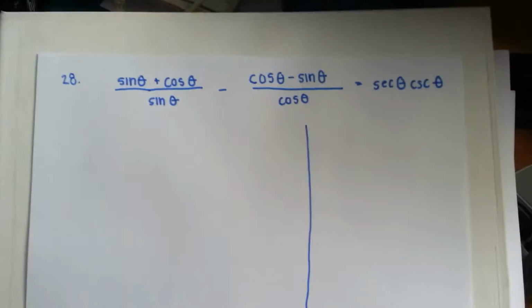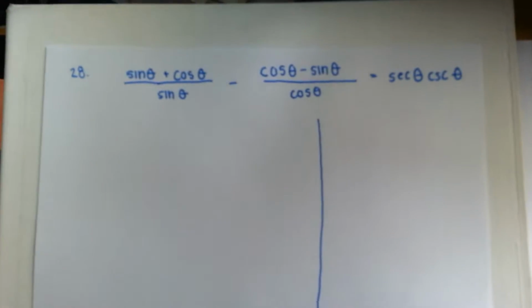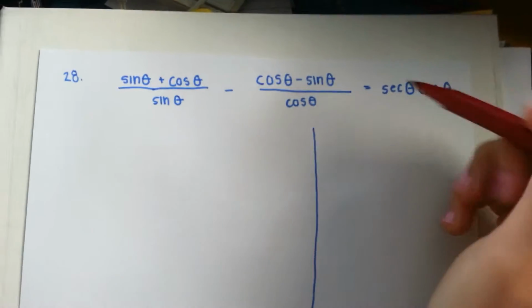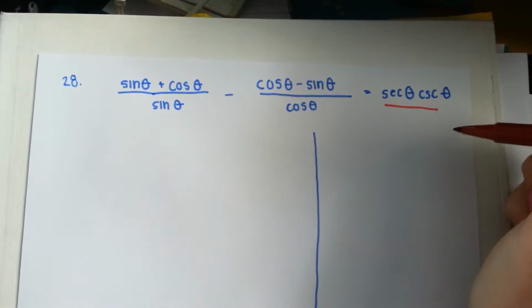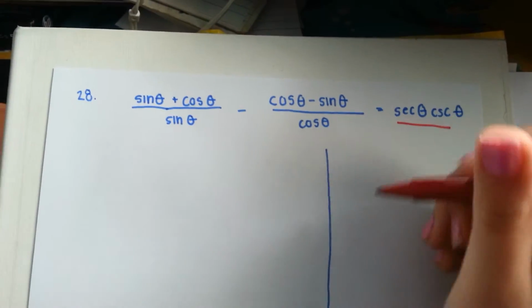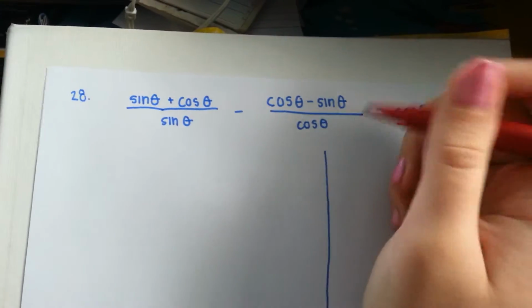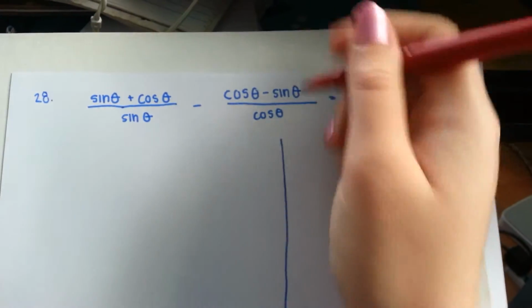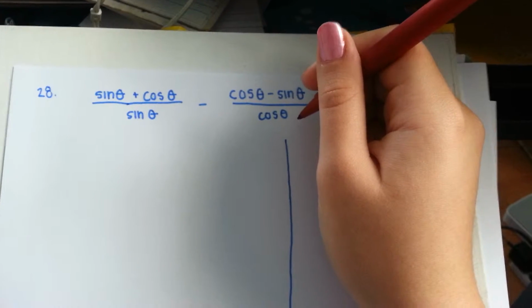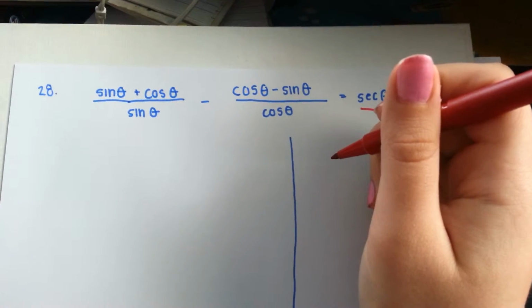So this is number 28 on PQ5, and the way we start this is we have to verify this. We have two fractions and a subtract sign, so the only way we can start solving this is by making both fractions have a common denominator.